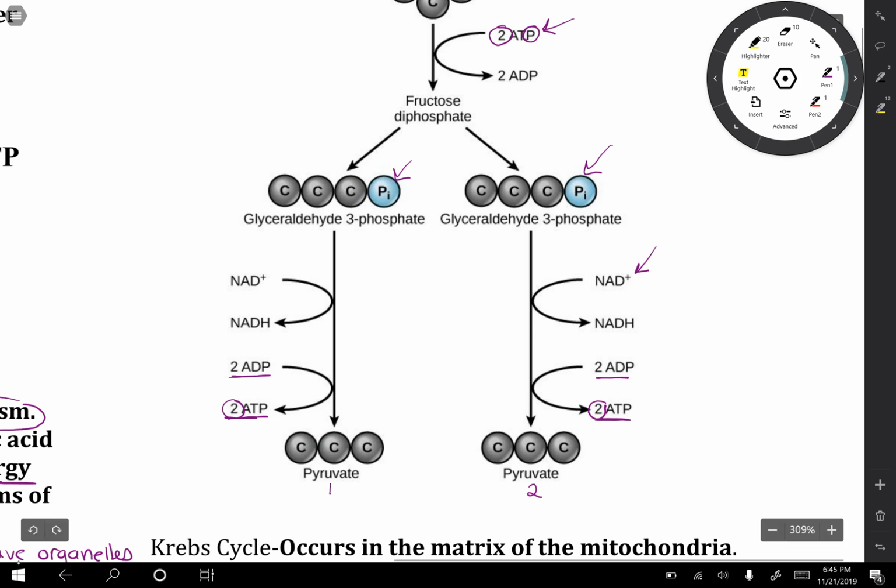This ATP that is formed through substrate-level phosphorylation. And all that simply means is with the help of enzymes, you can add a phosphate to a molecule. In this case, ADP is going to turn into ATP.